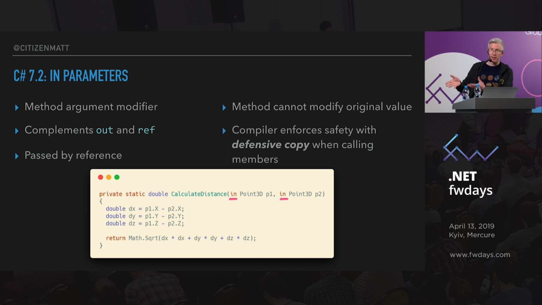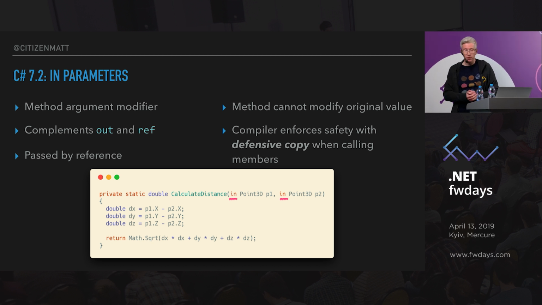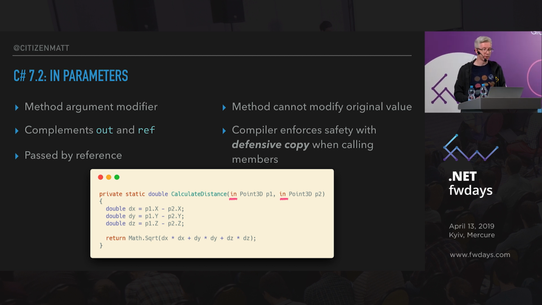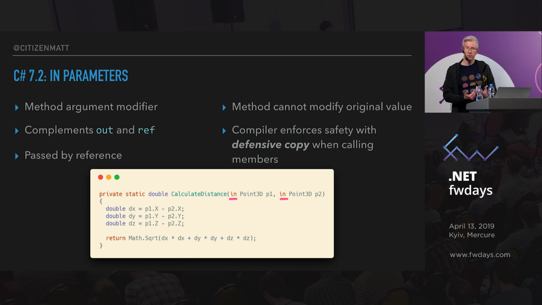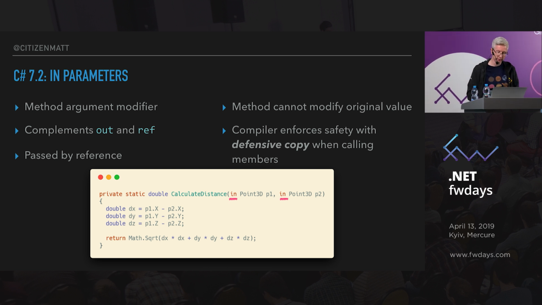So it can give it to a method a reference to a value type, but it's going to be treated as read-only. So it's passed by reference. The method can't modify the original value, but because the compiler doesn't know what the methods on that struct will do, it has to create a defensive copy before you call anything.